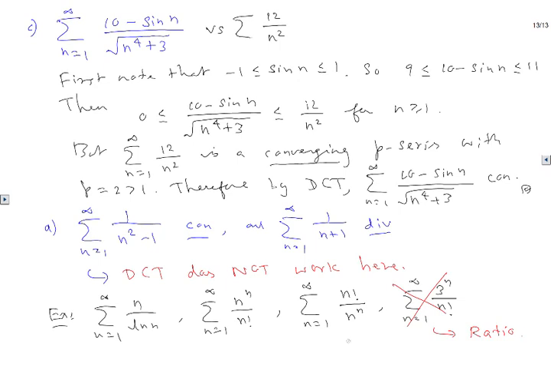And when you see a factorial, we normally go with the ratio test. So you can try those two using the ratio test, but the first one you can do using the direct test. Both of them you can use the ratio test, but you can also use the direct comparison test for some of them. Okay, so this is the end of the direct comparison test.